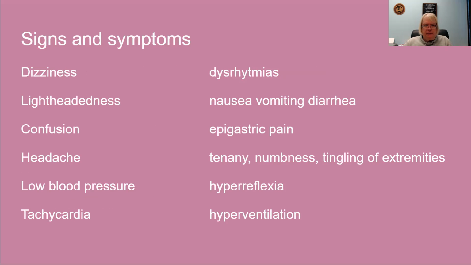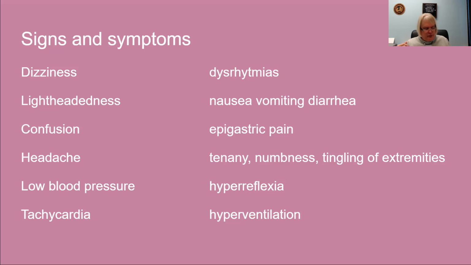So signs and symptoms, they'd be dizzy, they'd have dysrhythmias, lightheadedness, nausea, vomiting, diarrhea, confusion, epigastric pain, headache, tetany, numbness, tingling of the extremities, low blood pressure, hyperreflexia, tachycardia, and hyperventilation.